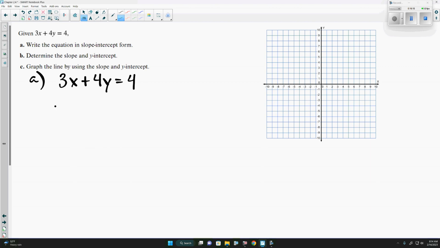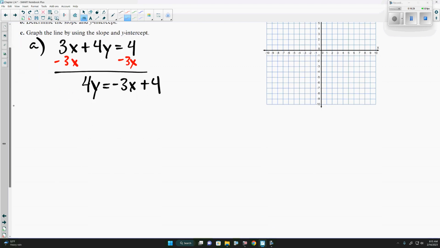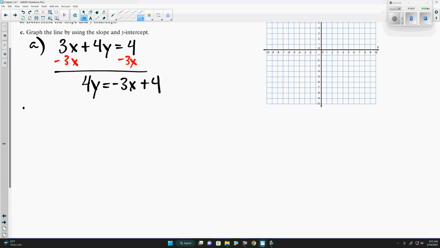So the first thing we can do is subtract 3x from both sides, telling us that 4y is equal to negative 3x plus 4. And the last thing we need to do to get y by itself is to divide everything by 4, telling us y is equal to negative 3/4 x plus 1.